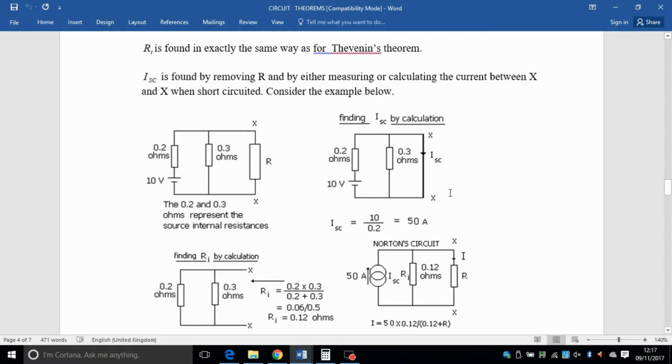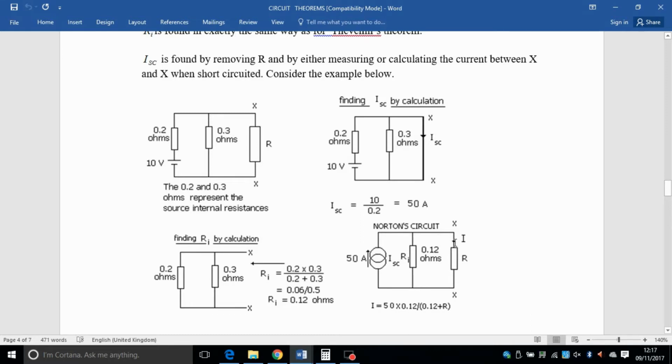So now you ignore this middle resistor, and you have 10 volts over 0.2 ohms, which gives you the short circuit current. ISC equals 10 over 0.2, and that's 50 amps. So that 50 amp goes here in this Norton's equivalent circuit. Now you have a full equivalent circuit with all the values, and you can calculate.